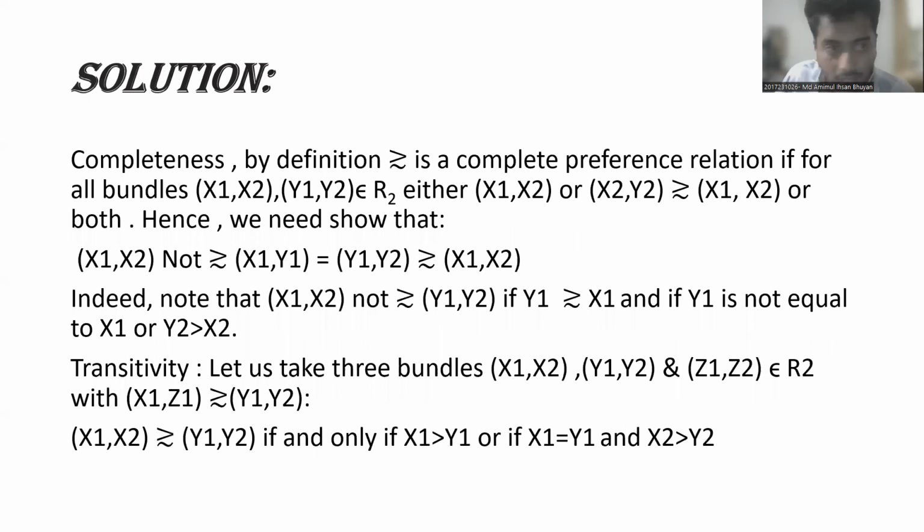So in the solution, we can see the completeness. By definition, a preference relation is complete if for all bundles (x1, x2), (y1, y2) belonging to R square, either (x1, x2) is greater than (y1, y2) or (y1, y2) is indifferent to (x1, x2) or both. Hence, first of all we have to show (x1, x2) not greater than (y1, y2) or (x1, x2) not indifferent to (y1, y2).